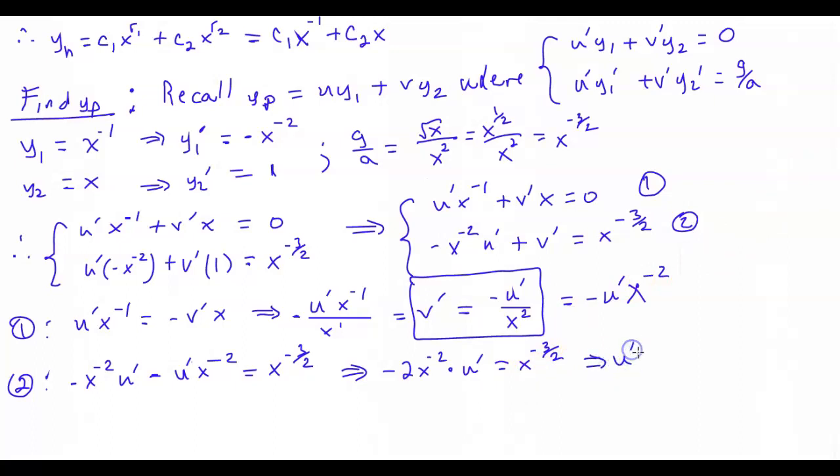Solving for u prime, this would be x raised to the negative 3 over 2, all that divided by a negative 2 times x raised to the negative 2. If we simplify all that, this would end up being a minus x raised to the positive 1/2, all over 2.